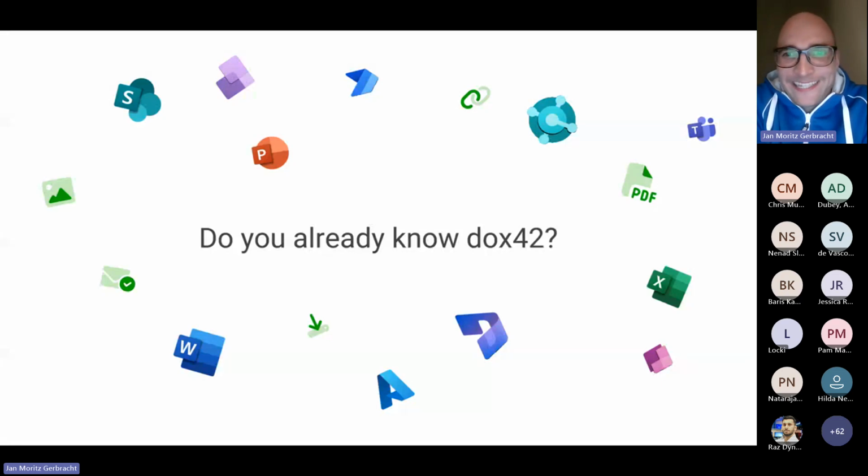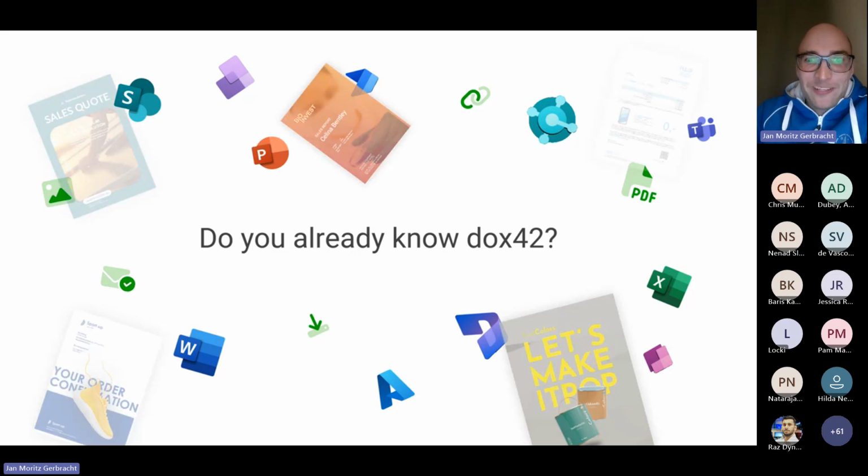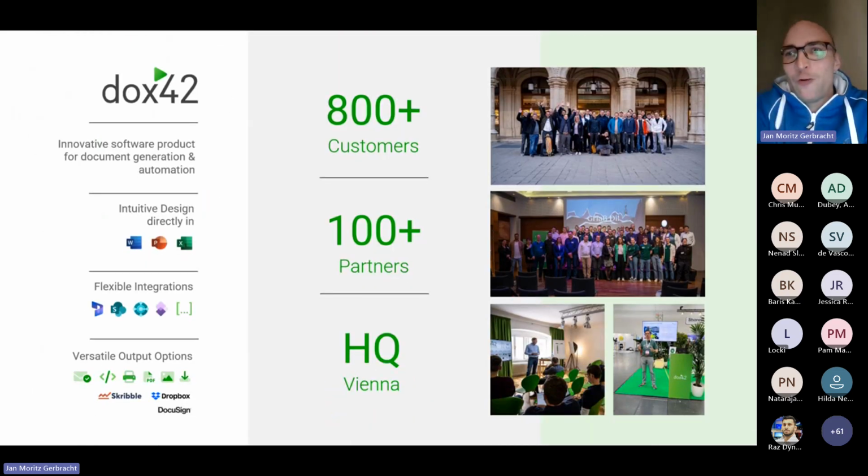So again, we have been a trusting companion of Raz's events and community, I think it's fair to say to a good extent by now, and it's always a pleasure. And for those of you who are new to Docs42, here just a brief introduction. We've got over 800 clients by now. For those of you who have been paying attention over the past years, it's been growing steadily.